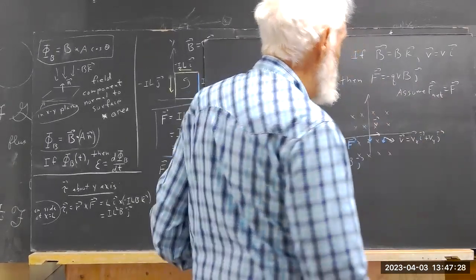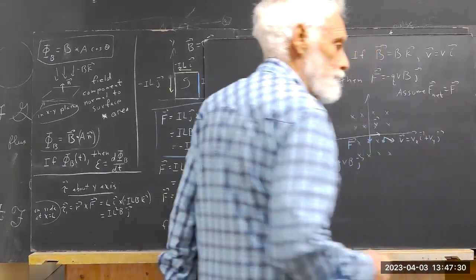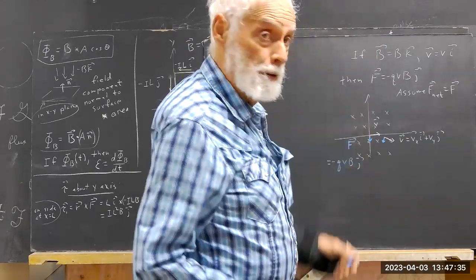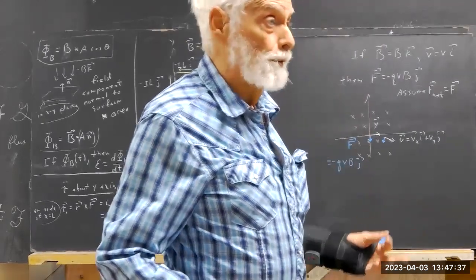So if that net is F, the magnetic force is perpendicular to the path, so it has no effect on the speed.